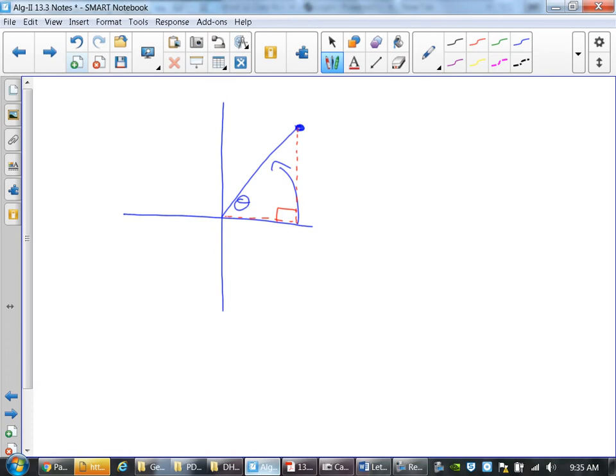Since we're dealing with this in terms of a circle, that terminal side of theta we're going to call r. Is that all right? This distance is x, good. And this is y. Now, you can write any of the trig functions in terms of x, y, and r. What's the cosine of theta?